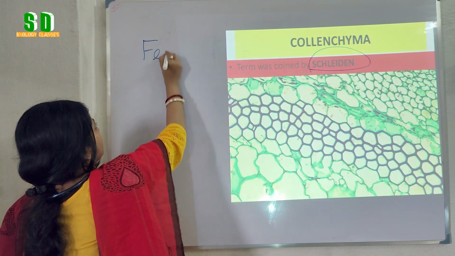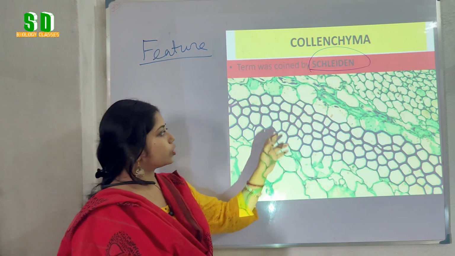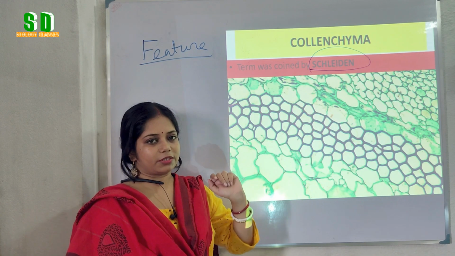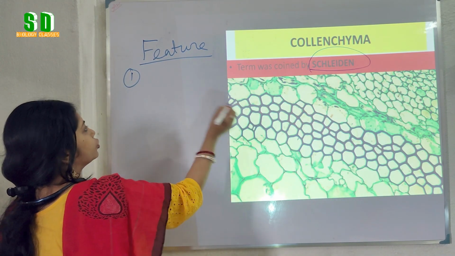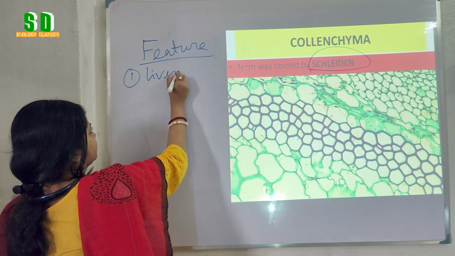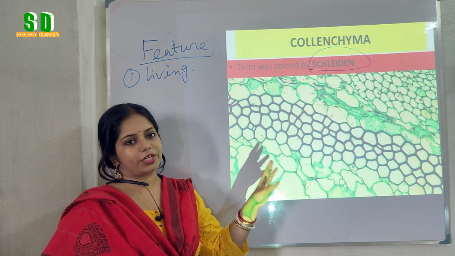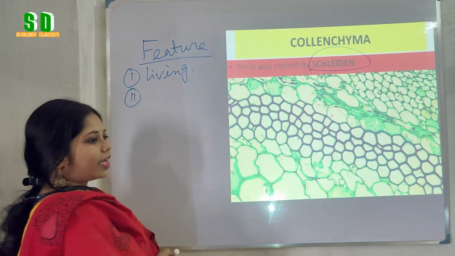From the picture, we have seen that the collenchymatous tissue's cell wall is much thicker than the cell wall of the parenchymatous tissues. So the first feature is that here also the cells are living. That is, collenchymatous tissues are also made up of living cells. What kind of cell wall do they have?